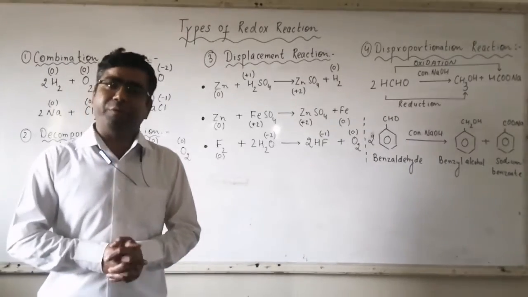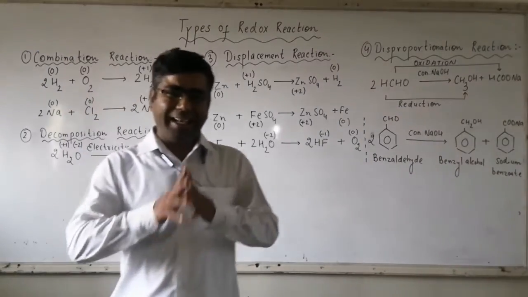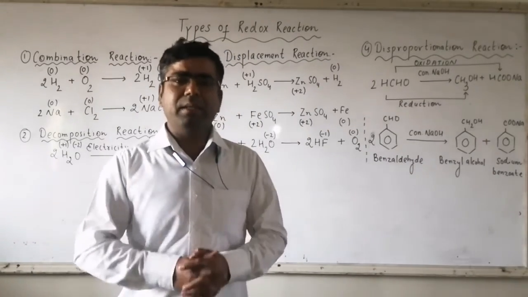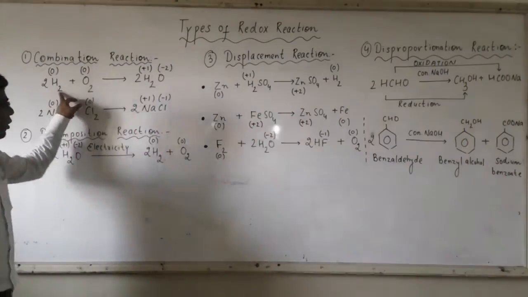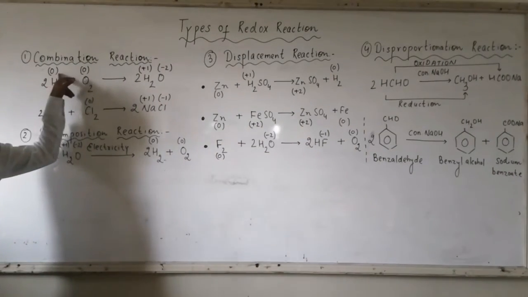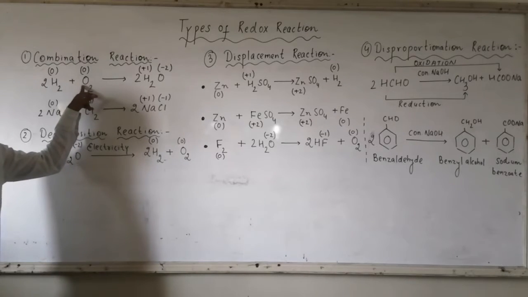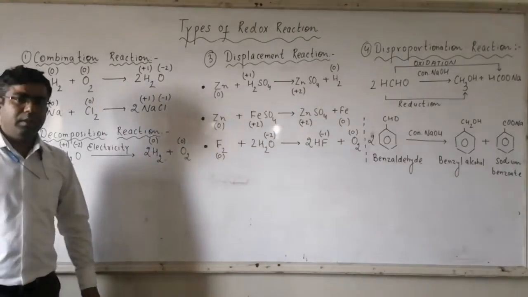That's why this is called free state. And in free state, the oxidation number for the atom is 0. So here in H2, hydrogen exhibits oxidation state of 0. Similarly, O2 is the free state for oxygen, so the oxidation state for oxygen is 0 here.